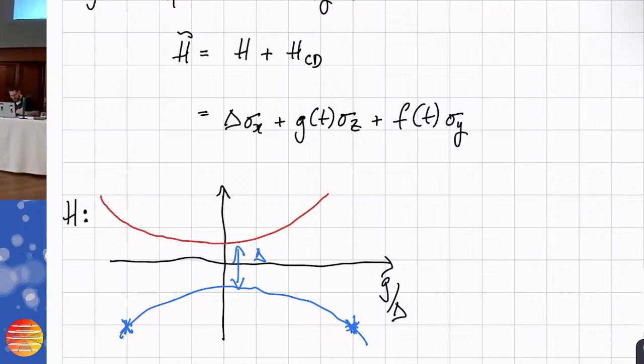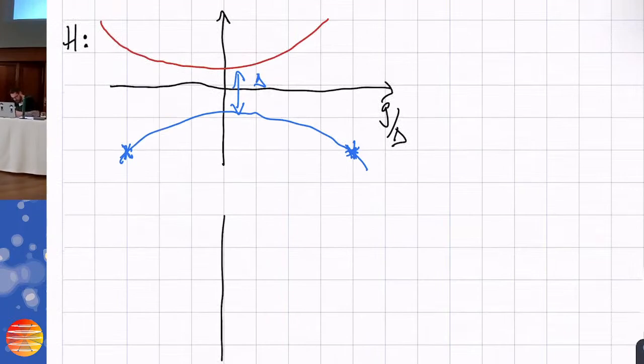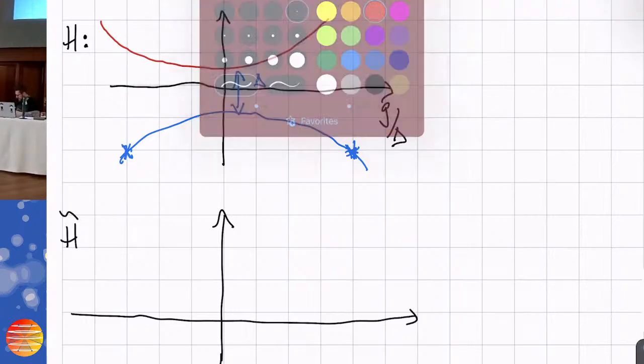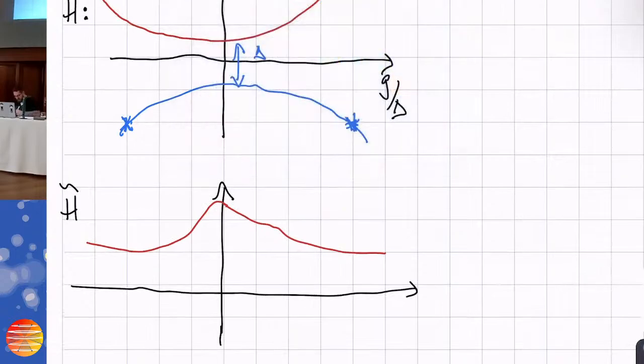So if I look at that guy, this H tilde, and if I plot what these energy eigenvalues are doing, I get something that looks like this.